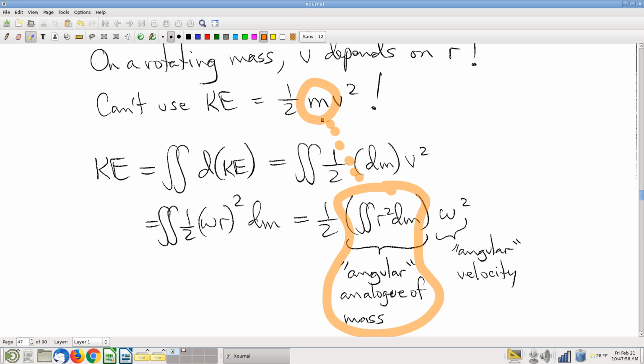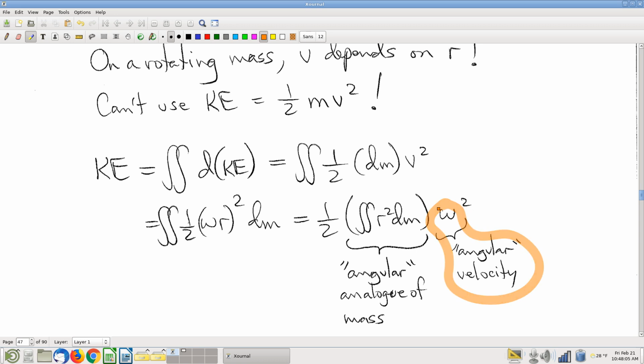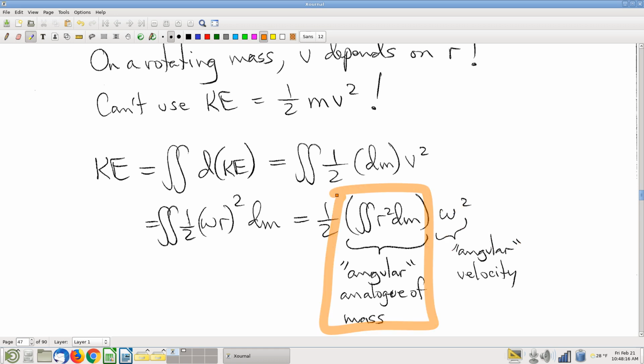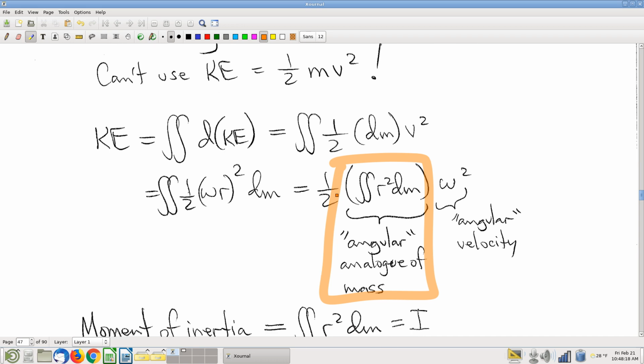That's why it's interesting, right? Very often when stuff is rotating, angular velocity is what you know. So being able to write kinetic energy in terms of angular velocity is very valuable. And the other element of that story is this thing. And so this thing is intrinsically interesting.